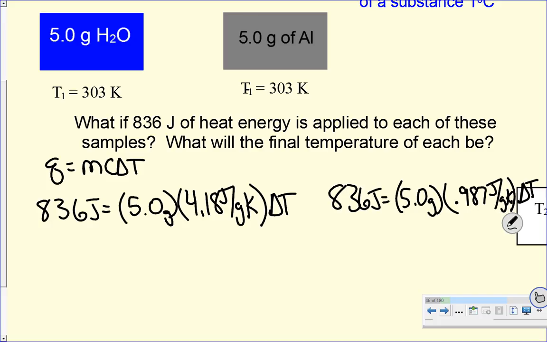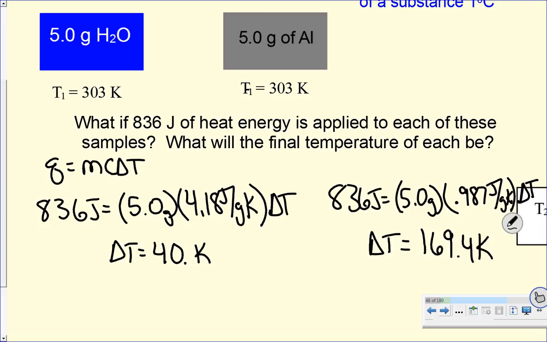So in solving for delta T for each of these, I'm going to do 836 divided by 5 times 4.18 for water, giving me a delta T of 40 Kelvin. And I can keep 2 sig figs in that. For aluminum, I'm going to get a much larger delta T. And actually, to put that in 2 sig figs, I'm going to just change that to 170.